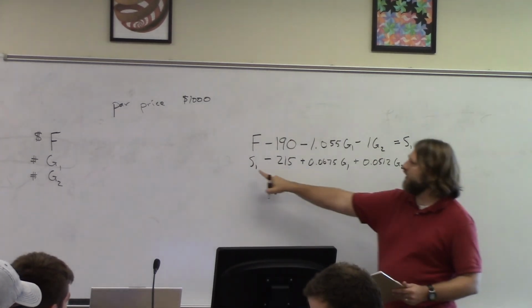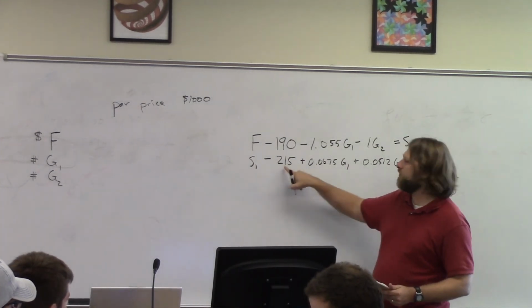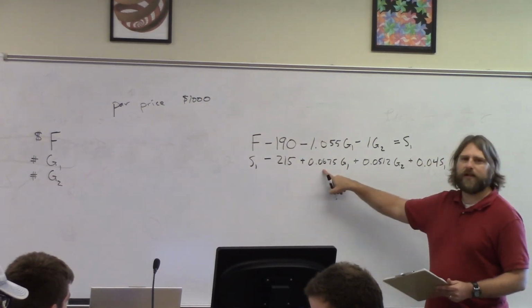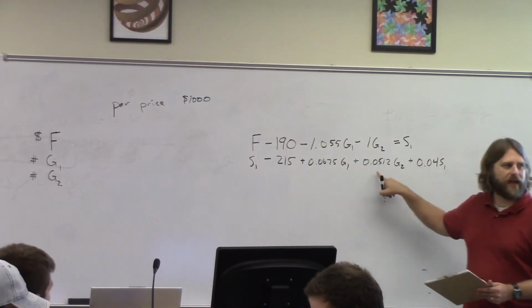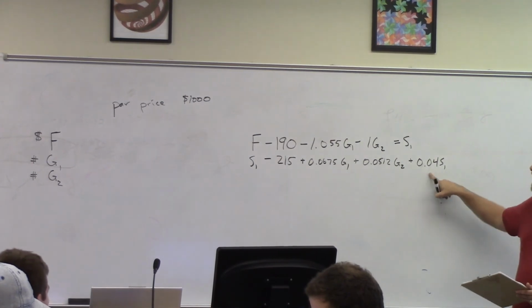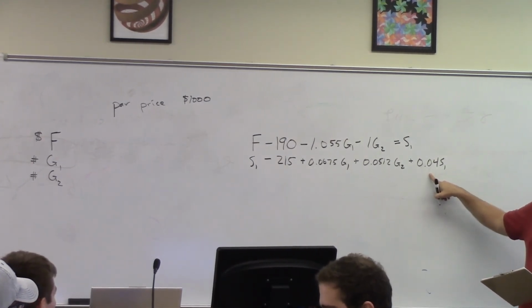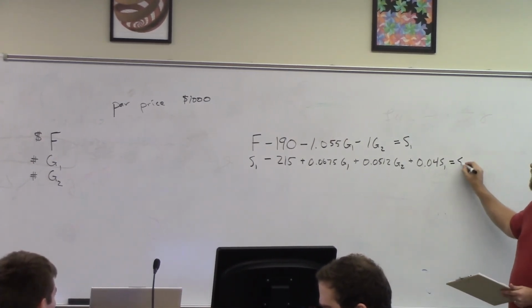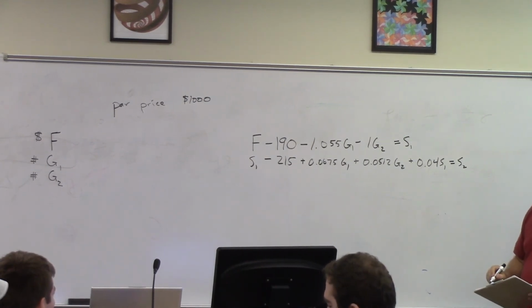So this is what you started with. You subtract your payment, you add your interest from government bond 1, you add your interest from government bond 2, you add your interest from your savings, and that's what you have at year 2.